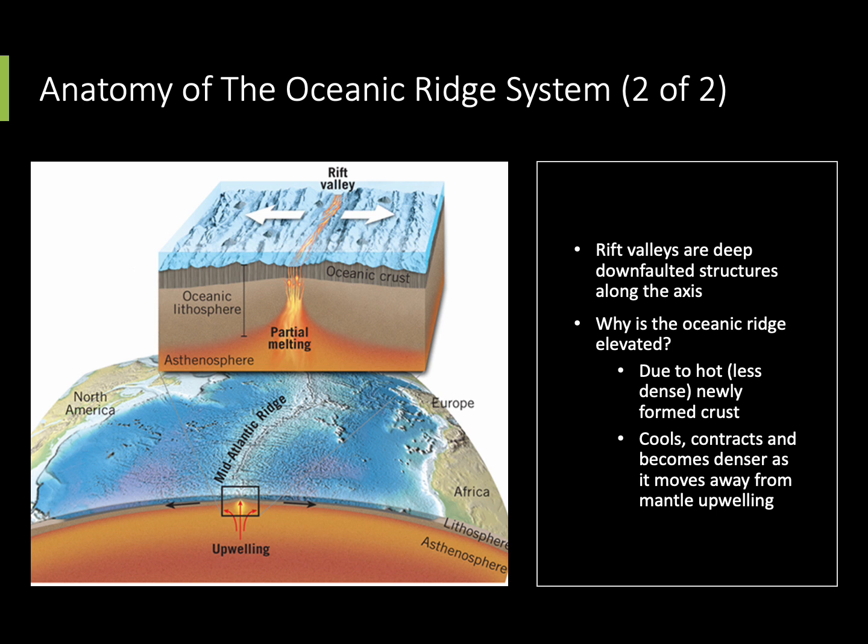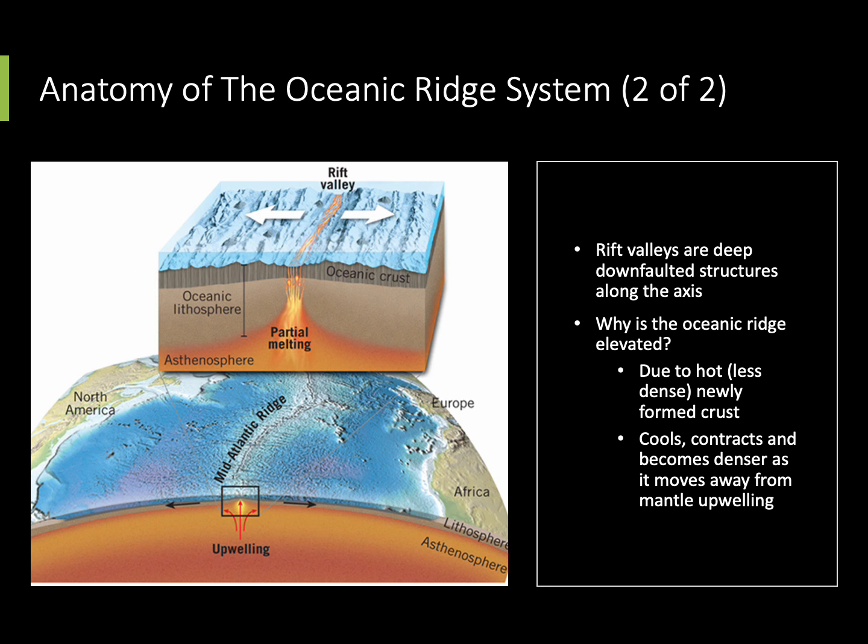This newly formed crust just turned from a liquid magma into a solid rock, so it's still really hot. And I don't know about y'all, but when I get really hot, I like to expand out. If I'm trying to sleep in a warm room, I'm going to take up the entire bed. I'm going to expand my body to take up more surface area so it cools down faster.